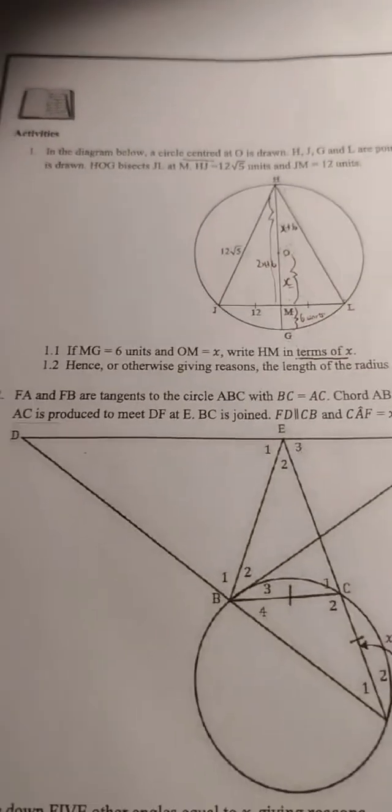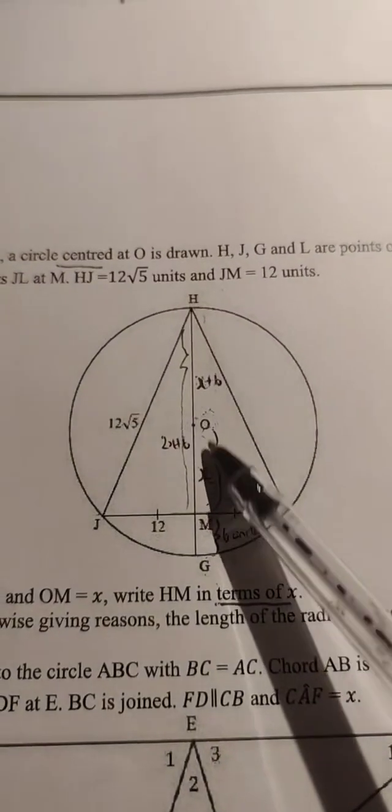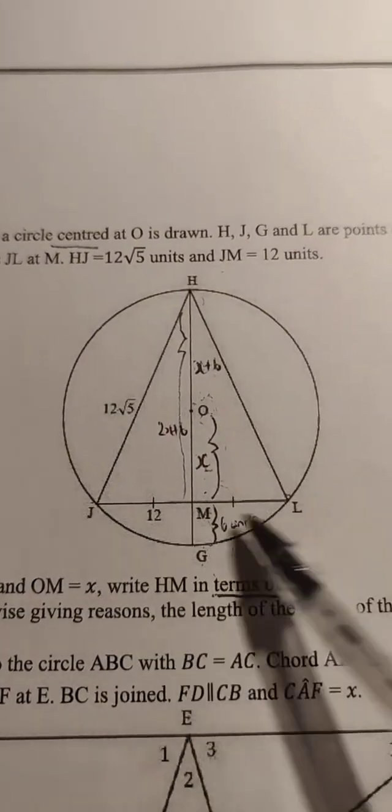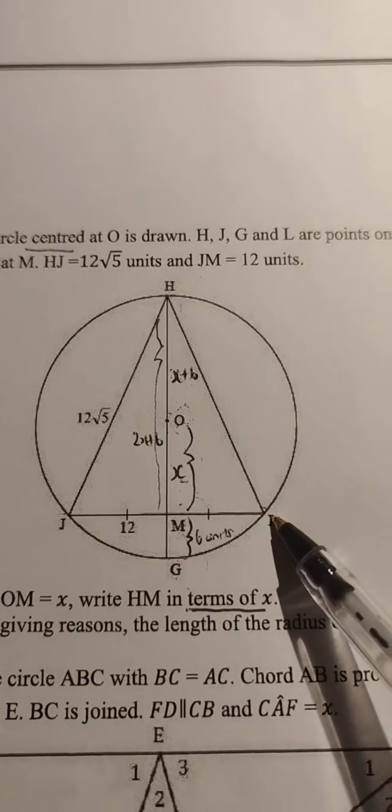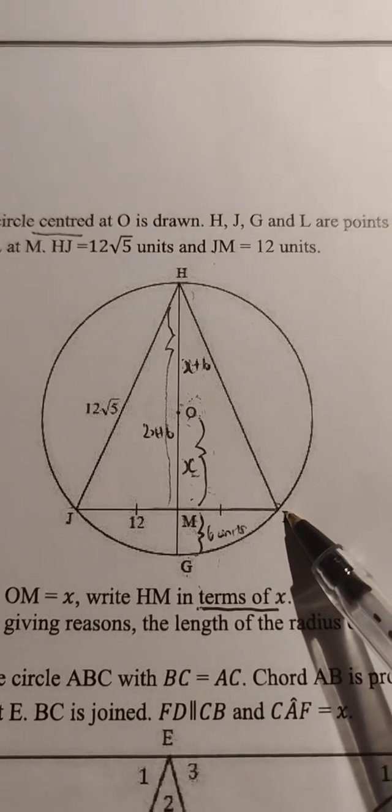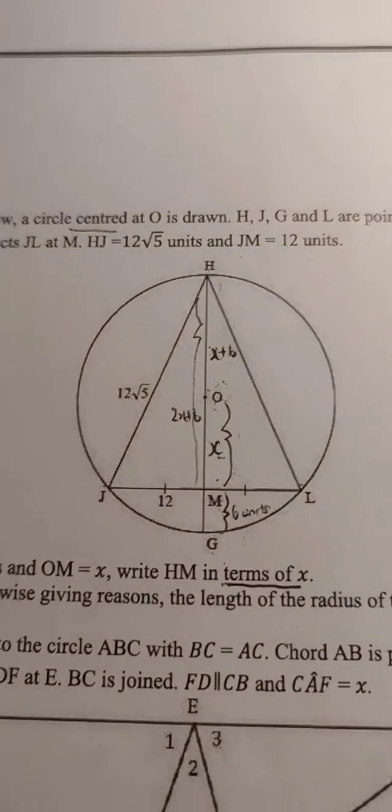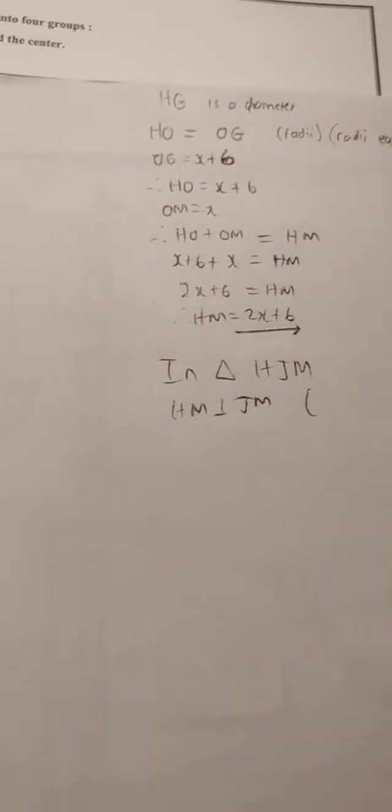Some of you have said the reason why we can say HM is perpendicular to JL is because of line from center to midpoint of chord. I want to send you back to my acceptable reason: line from center to midpoint of chord.